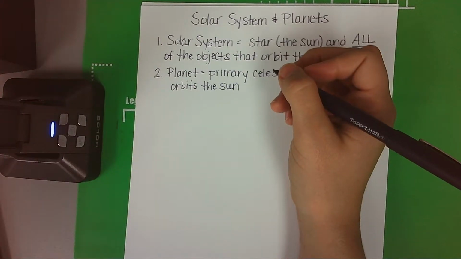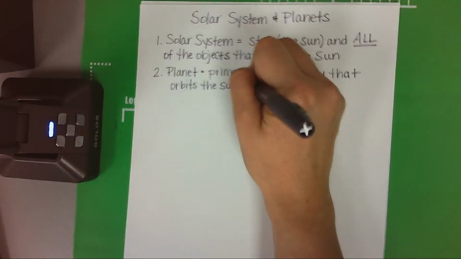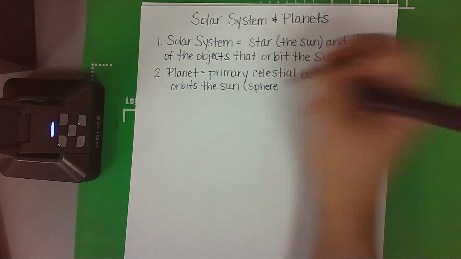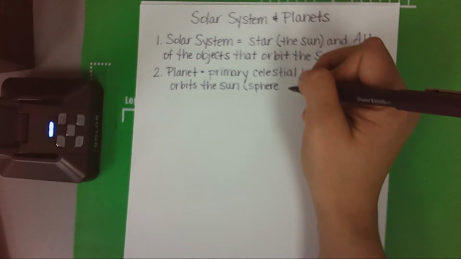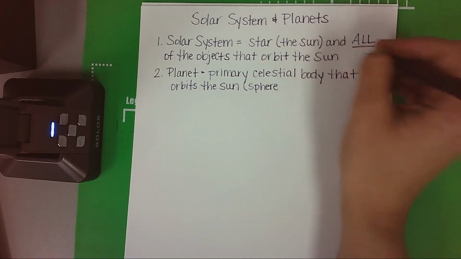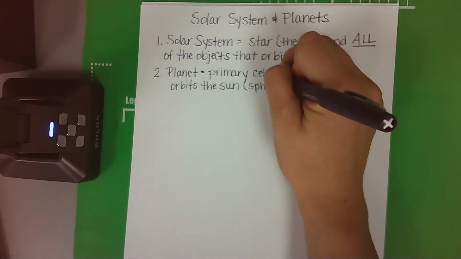The other thing to think about is that a planet is a sphere. We could have put spherical body here. A planet has to be a sphere, and it has to make a full orbit around the Sun in order to be considered a planet.